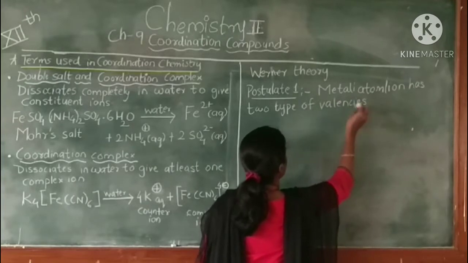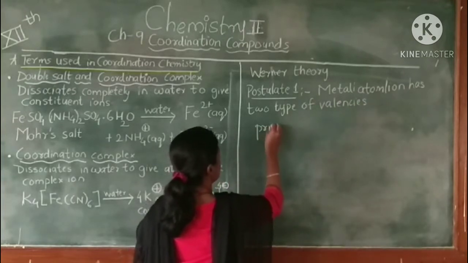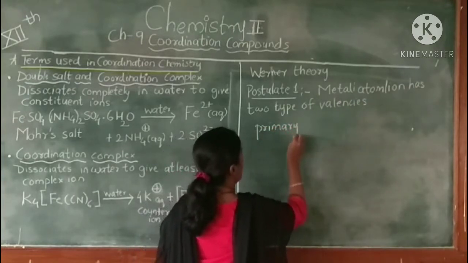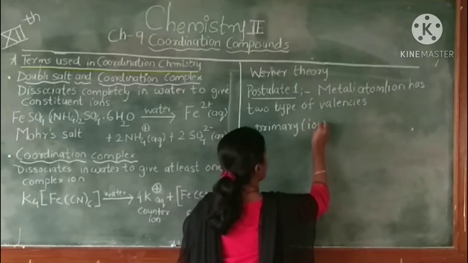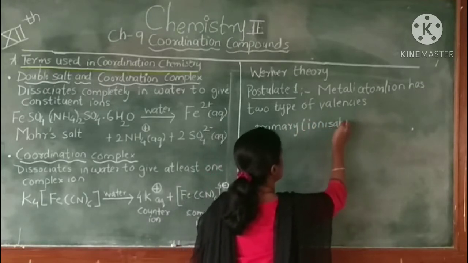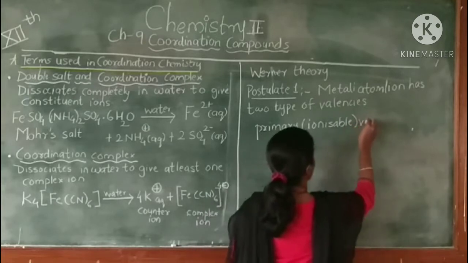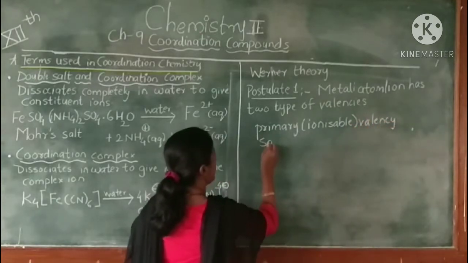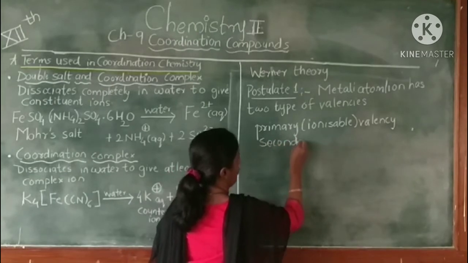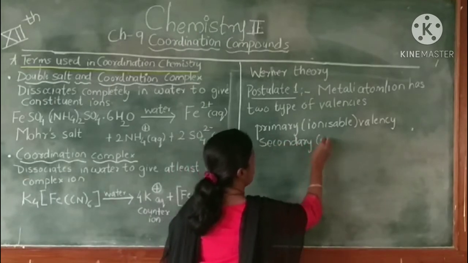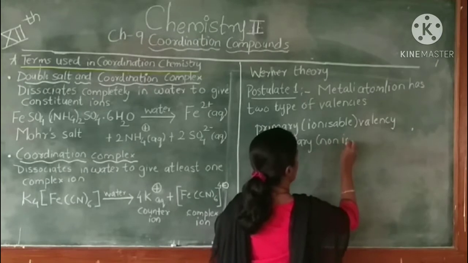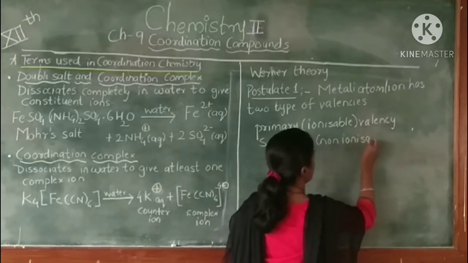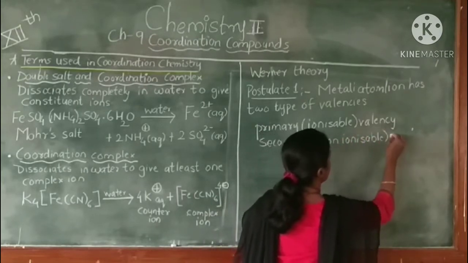First is the primary valency, or ionizable valency, and the second one is the secondary valency, or non-ionizable valency.